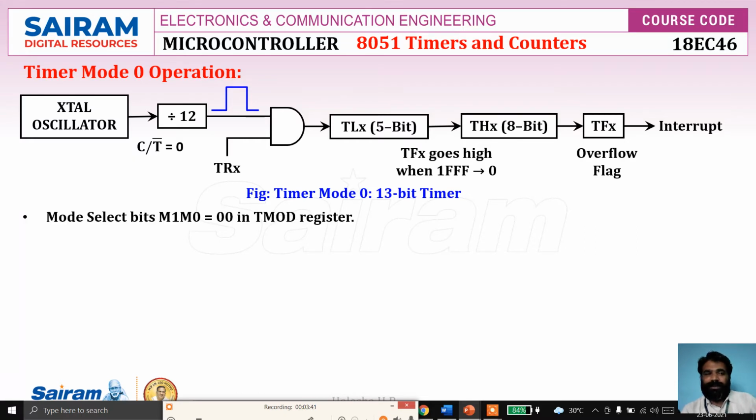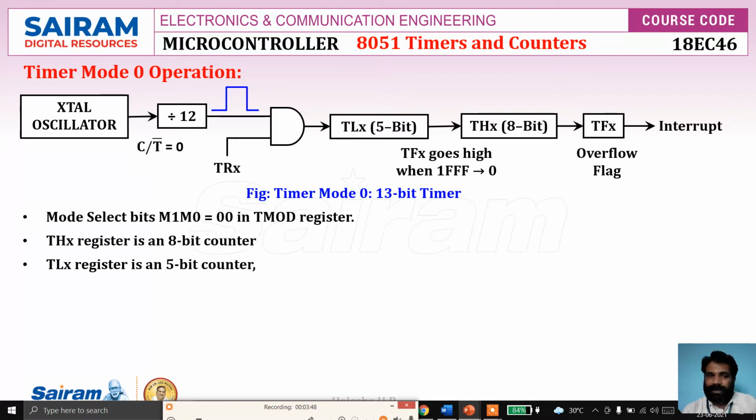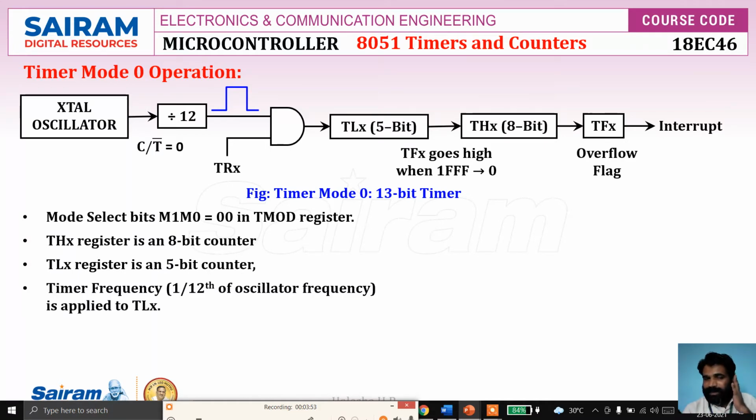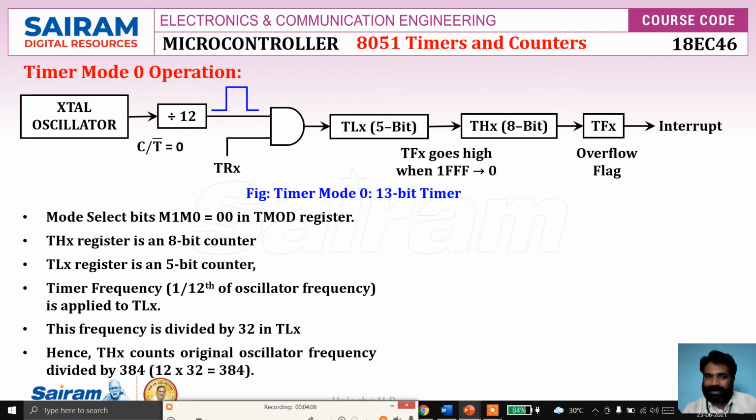Here the mode select bits are 0 0, THX is an 8-bit counter and TLX is a 5-bit counter. The timer frequency, that is 1/12 of the crystal or oscillator frequency, is applied to TLX as in the figure, and this frequency is divided by 32 in TLX, and then applied to THX. So THX counts the original crystal frequency divided by 384, that means 12 into 32.